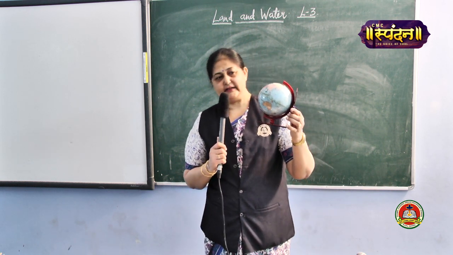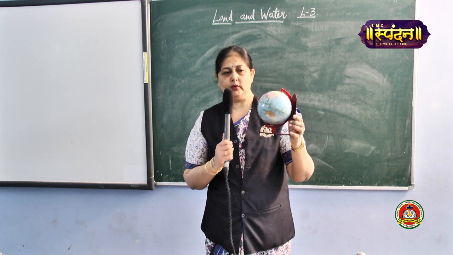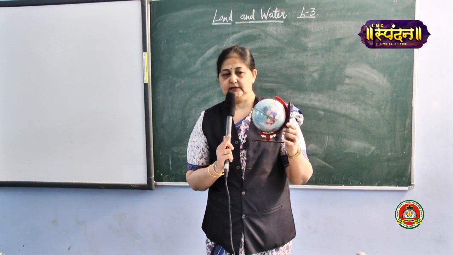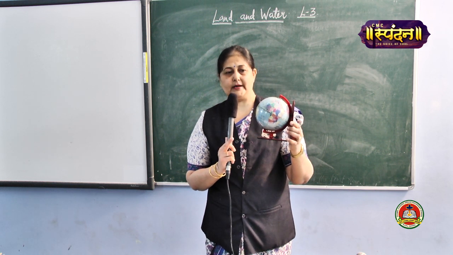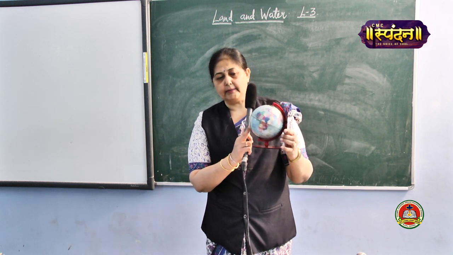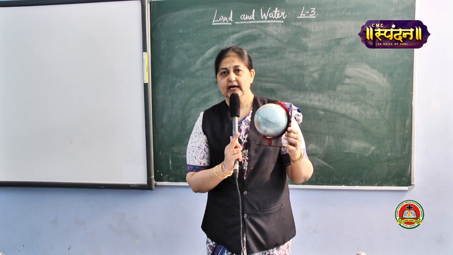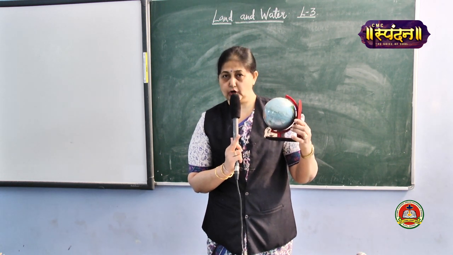One is colored in blue, and the other one is colored with different colors. Okay? There are 2 parts. The colored part is called the land area, and the blue portion are the water bodies.